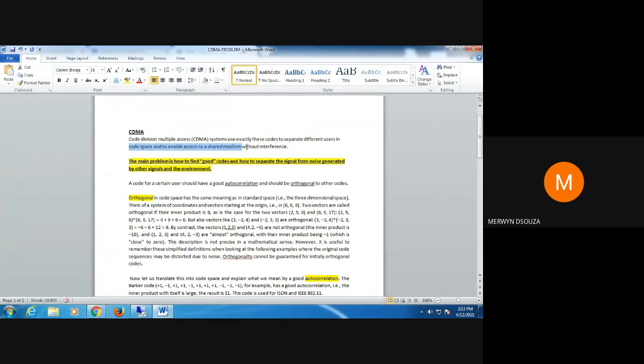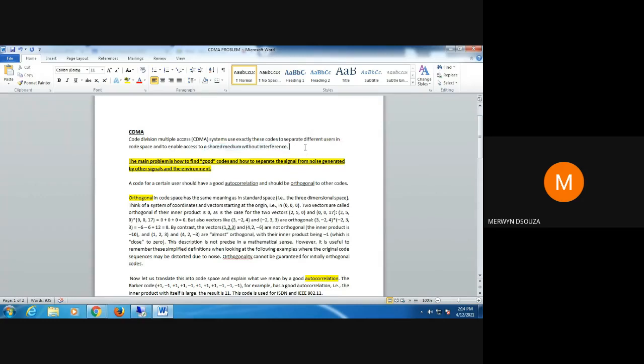Remember, the air, the atmosphere, is a shared medium. Everyone can communicate through that. Since we are encoding the data of a particular user with a separate key, and each user gets a different key, it allows everyone to access a shared medium without interference.